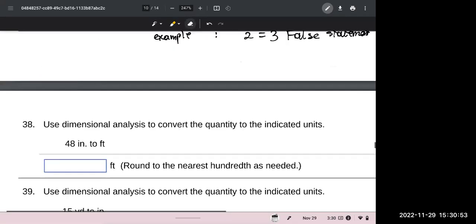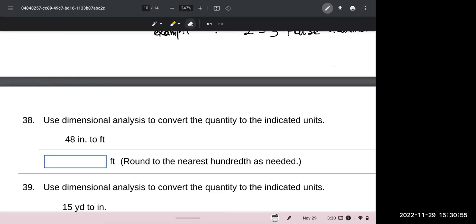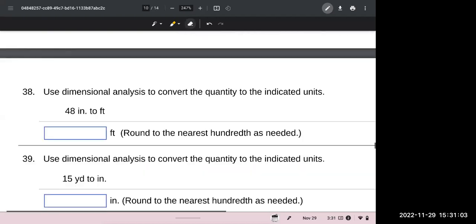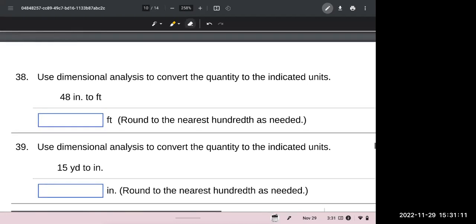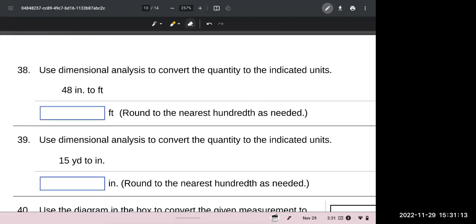Okay, let's continue. Question 38. Okay, so use the dimensional analysis. So this is the last section where we'll learn to convert quantity to indicated units. So you have to convert 48 inches to feet.